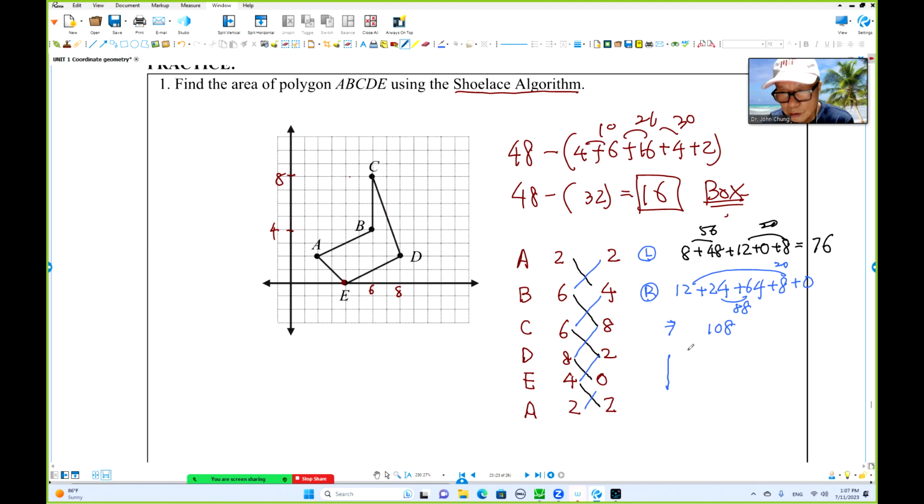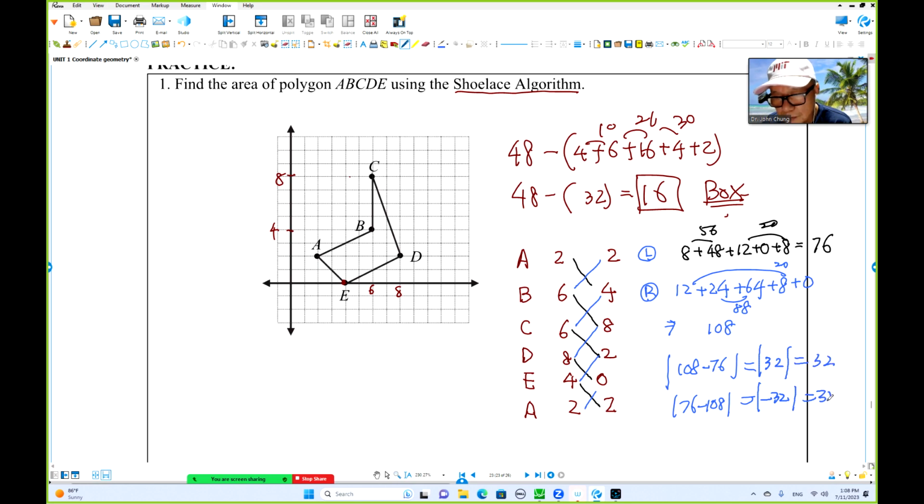Absolute value. You can try anything. Okay? The big number minus small number is better. 108 minus 76 or 76 minus 108, it doesn't matter, right? When you put this one, absolute value, always the output will be positive numbers. 32, right? This is negative 32. Still 32.